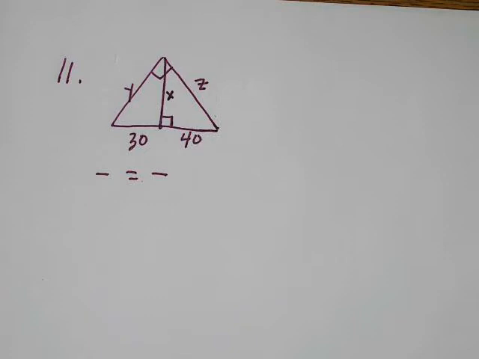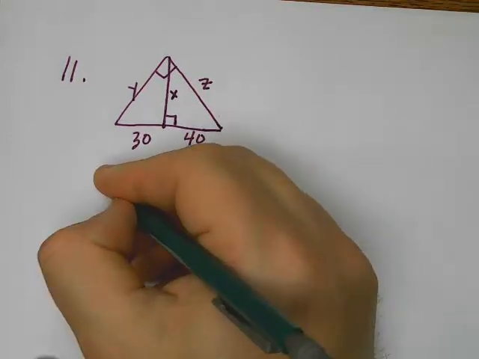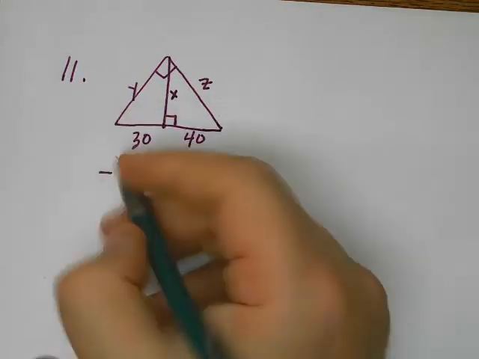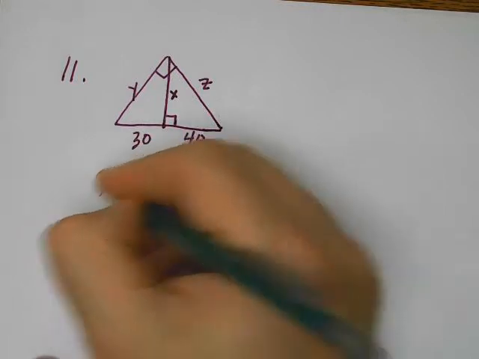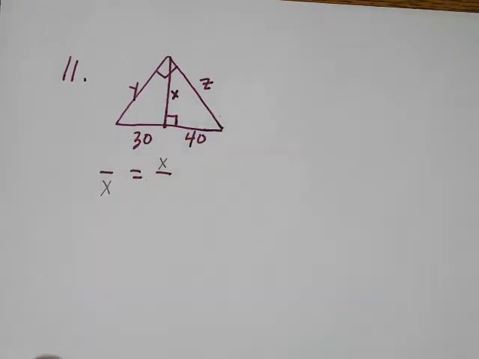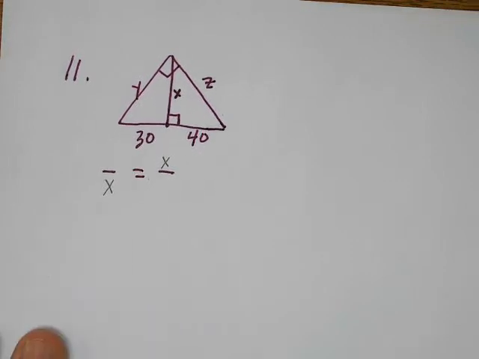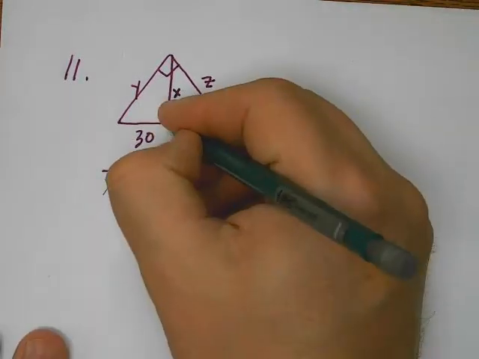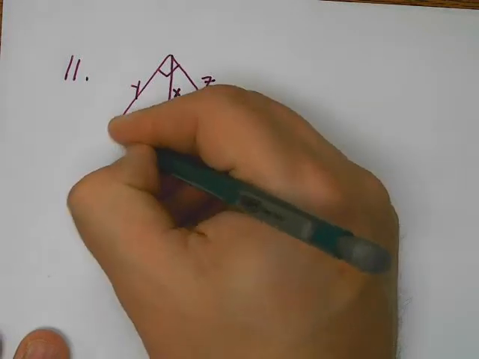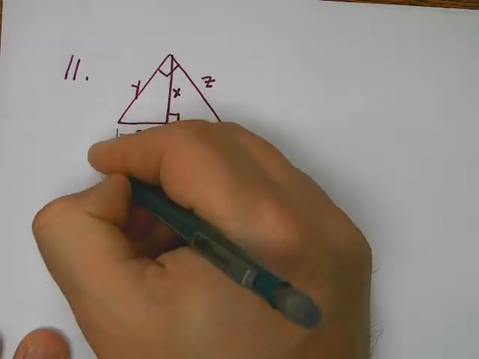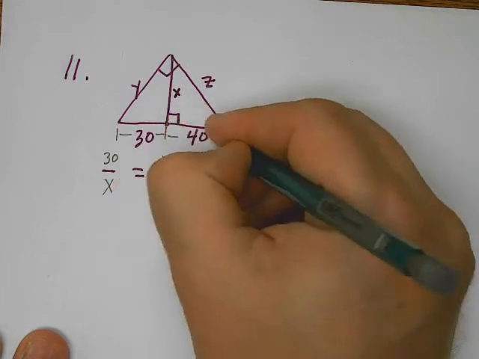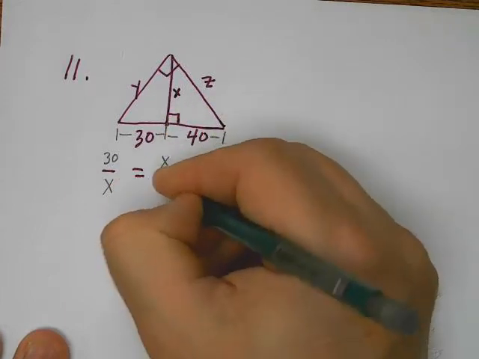X is the geometric mean, meaning it's a proportion, and I put the geometric mean there and there, x and x. Now, in this case, it's the geometric mean between the parts of the hypotenuse. So 30 would go there, and 40 would go there.